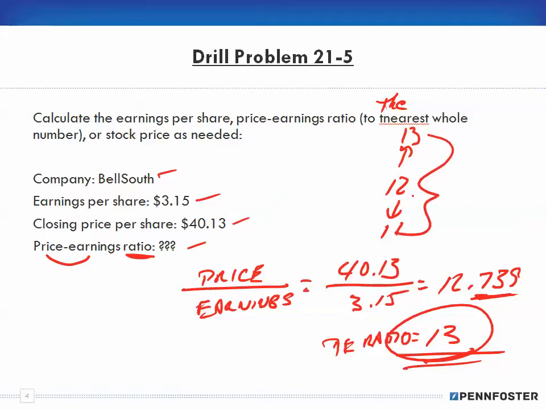It's not that much of a difference. But if you went from 12 to 25, now that makes a big difference. So you don't really need the decimal places, because you're not so concerned with that small amount of movement when you're talking about the price to earnings ratio.